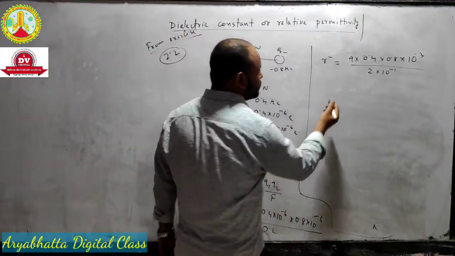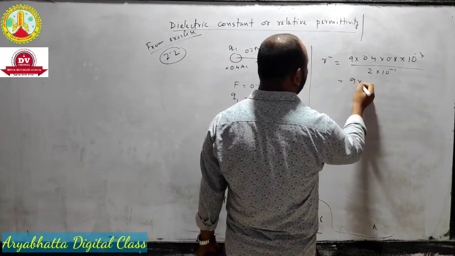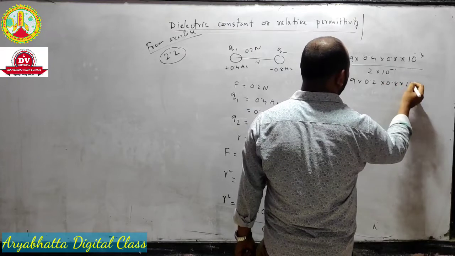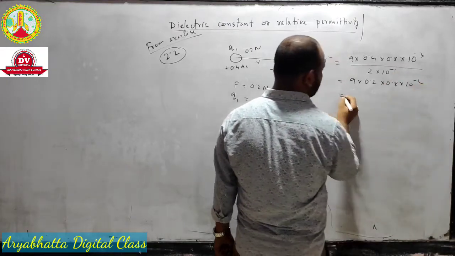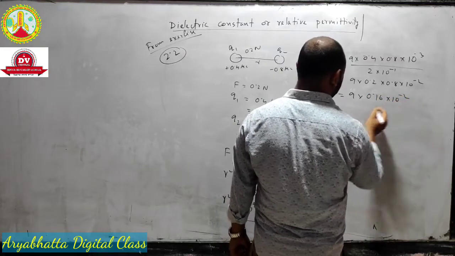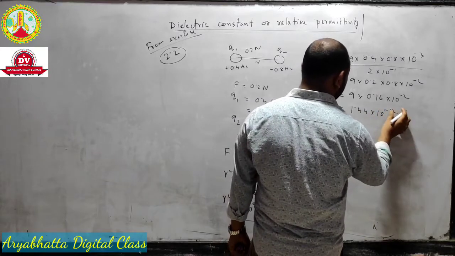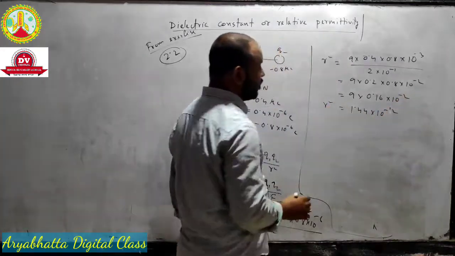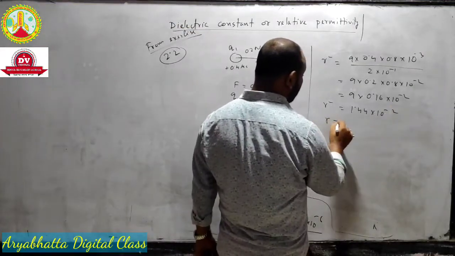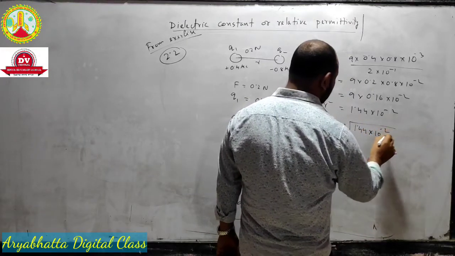If we simplify, it will be 9 into 0.2 into 0.8 into 10 to the power minus 2, 9 into 0.16 into 10 to the power minus 2. So it will be 1.44 into 10 to the power minus 2. So R square is equal to 1.44 into 10 to the power minus 2 meter square.